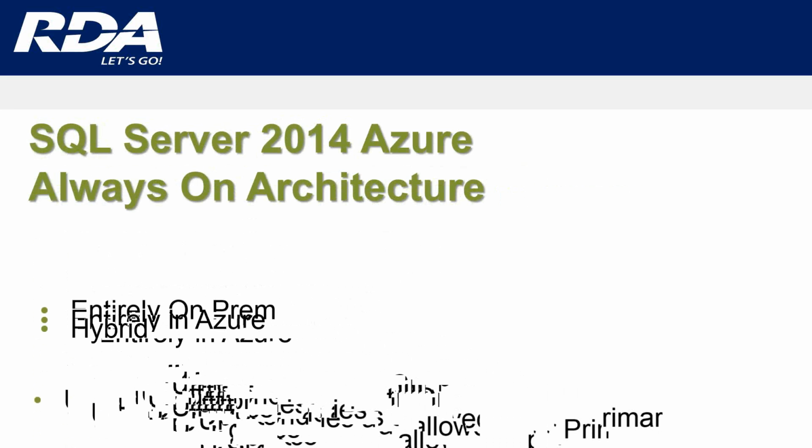Lastly, and this is the one that's exciting, and the one that was depicted in the graphic I showed you a moment ago, is where your primaries are on-premise and your secondaries are in the cloud. You can mix and match these. You can have some of your secondaries on-premise and some of them in the cloud. You've got a lot of flexibility here.